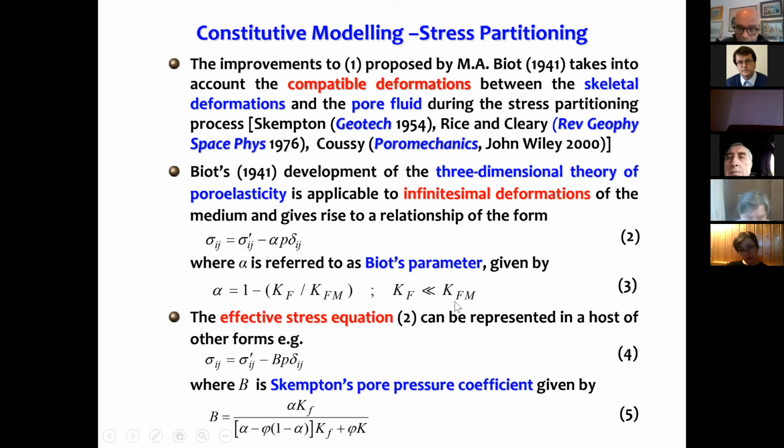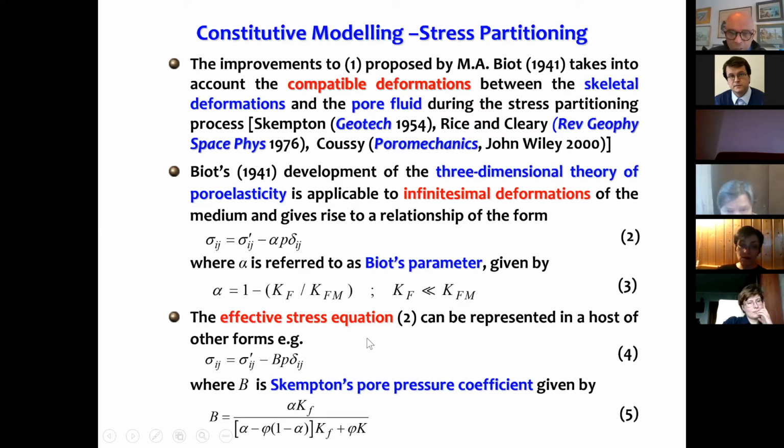So luckily for our purposes, the solid material that composes the skeleton is much more rigid than the skeleton itself, which means that your partitioning parameter is given as unity, which is a useful simplification. There are other procedures that are used for partitioning as well, but I don't need to go through the details of this.